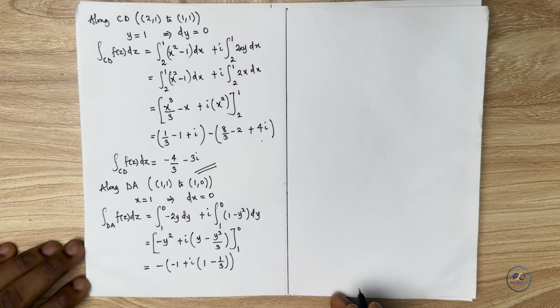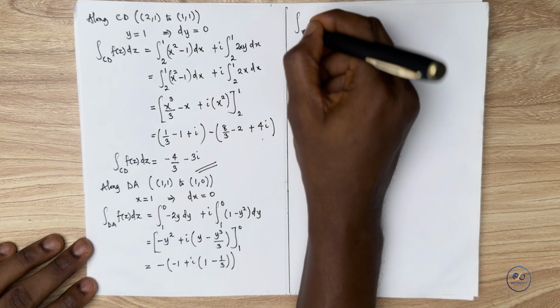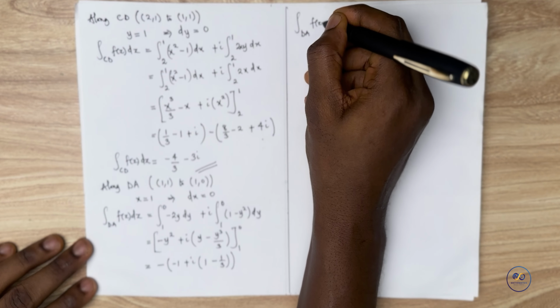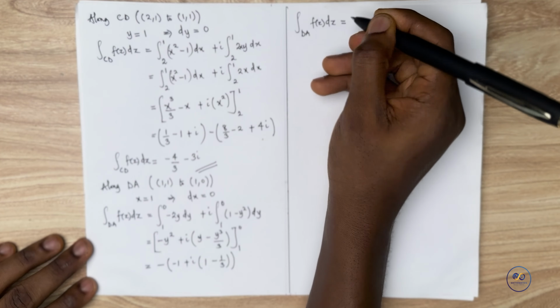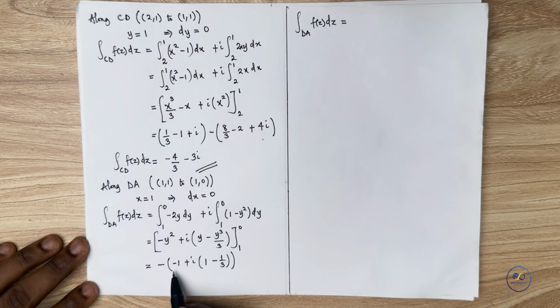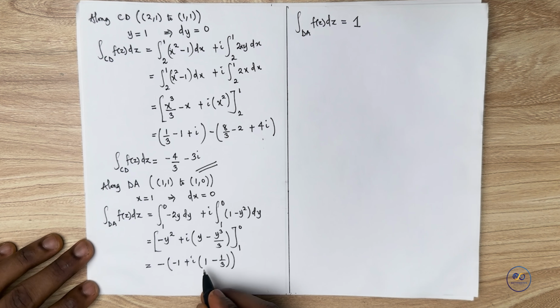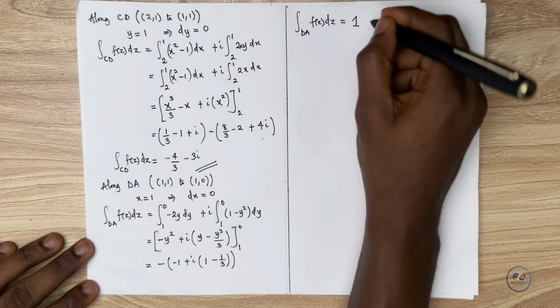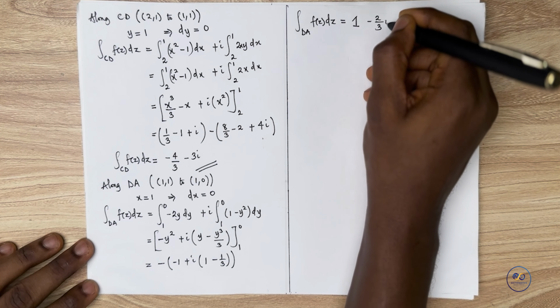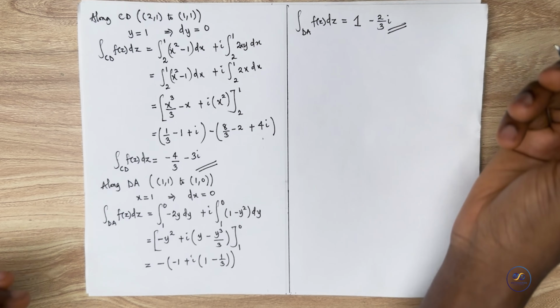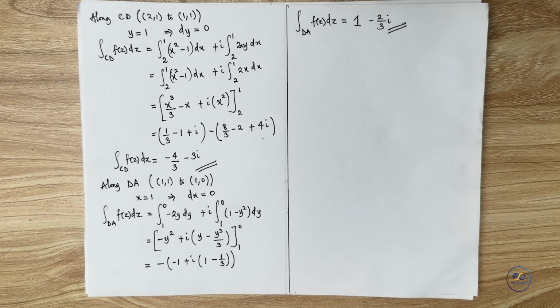So this implies immediately that the integral along DA of f of z dz would simply be equal to, this is minus 1, that's already plus 1. And then on this side, 1 minus 1 over 3 is 2 over 3. So that's going to be minus 2 over 3i. So now we have gotten the integral along all 4 possible paths around the square.